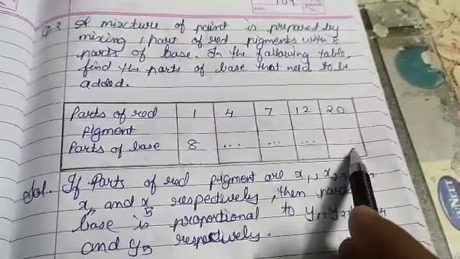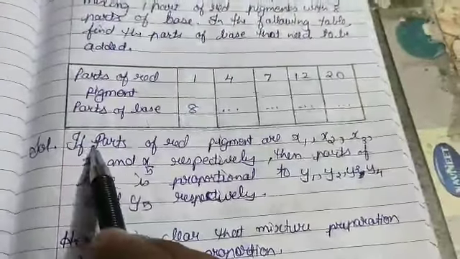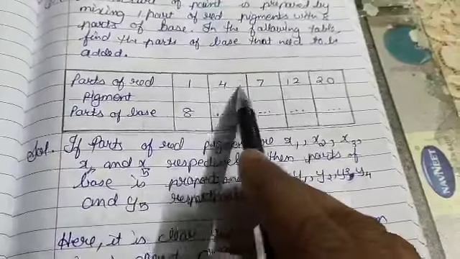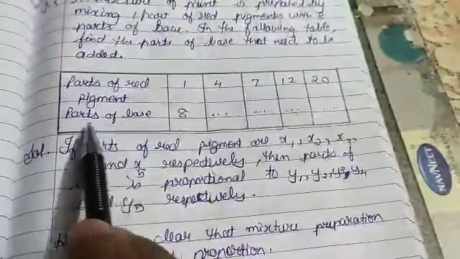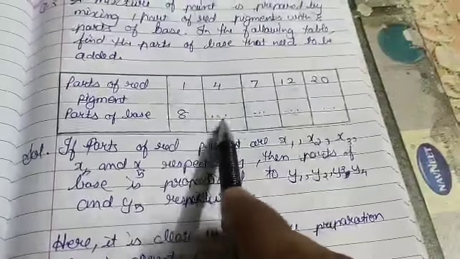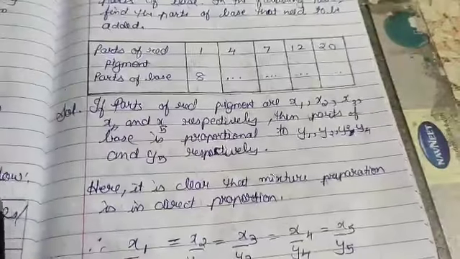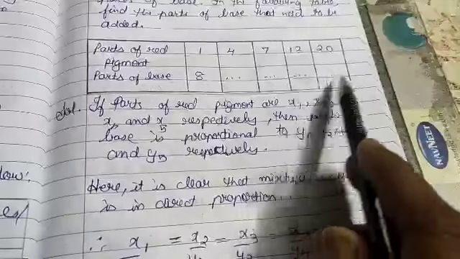We have to find that. If we consider the parts of red pigment to be x1, x2, x3, x4, x5 respectively, then the parts of the base will be y1, y2, y3, y4, y5 respectively, so that we are able to find the values of y2, y3, y4, y5.